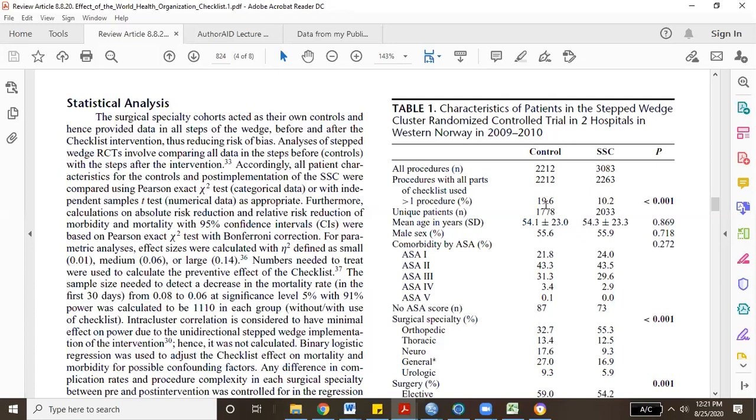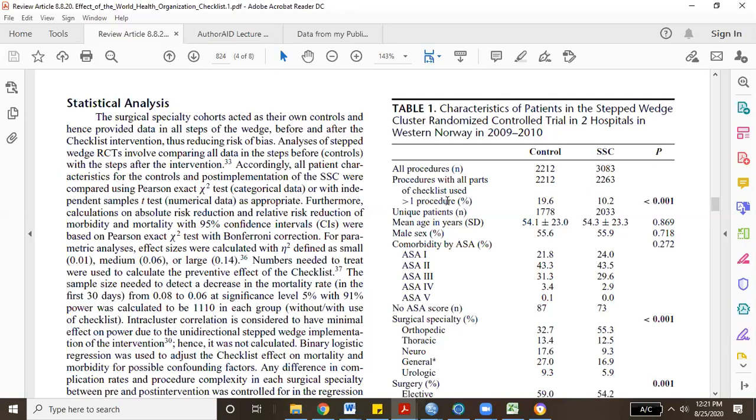What they did was a comparison of proportions or a comparison of means, depending on the variable they are using. For example, in this first part that says increase in one procedure, if you see in brackets, that is a percentage.